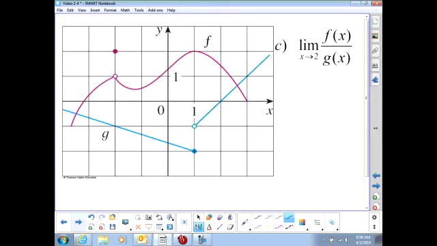Now we have a quotient. So we'll look at our limit as x approaches 2 of f of x on its own and g of x on its own. When we're getting close to 2 on the x-axis, f is getting to somewhere around 1.5 or so. So we know we have about 1.5 on the top.